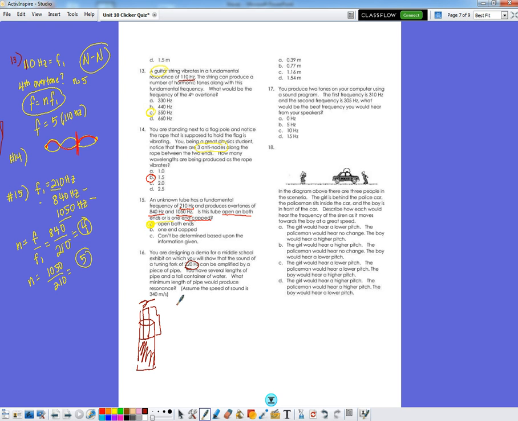Okay, so first thing is we should know if we have both open, one closed, or both closed. Obviously here, if it's touching the water, this will be closed, and then here it will be open end.